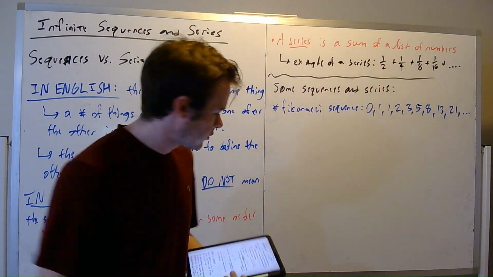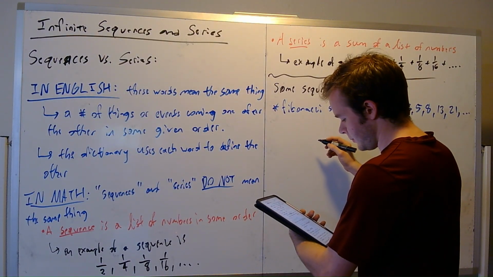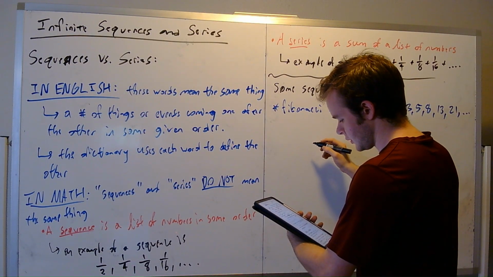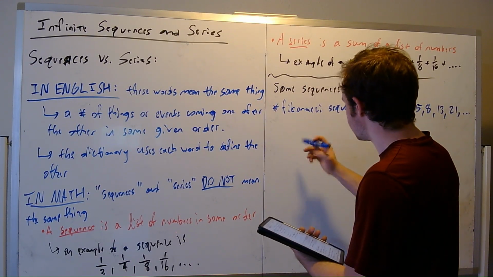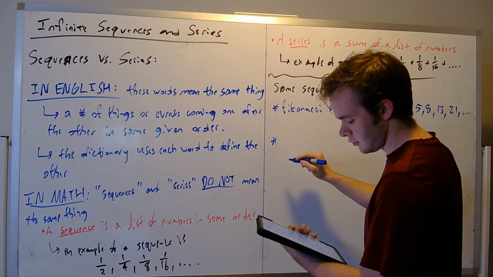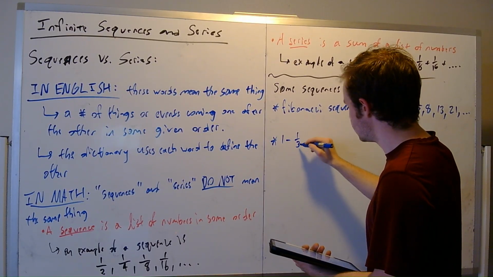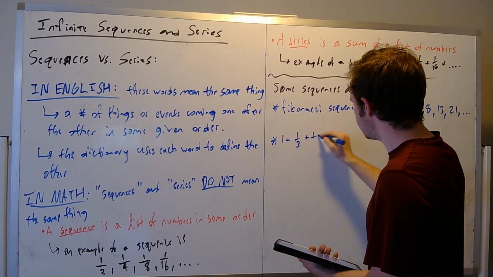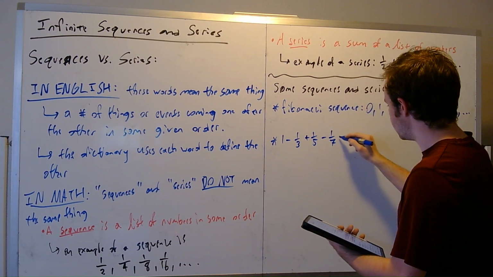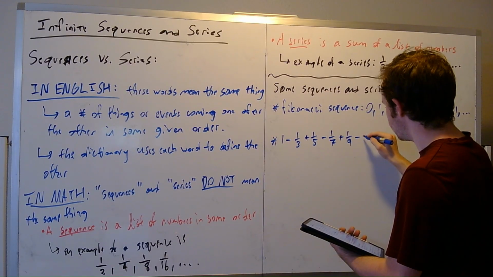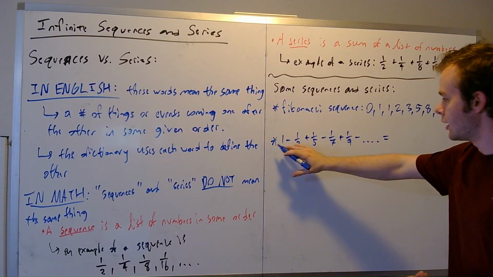And so just another example here. Let's look at another example, let's say we have 1 minus a third plus a fifth minus a seventh plus a ninth minus, and so on. Right, so here we're just adding together a bunch of things.